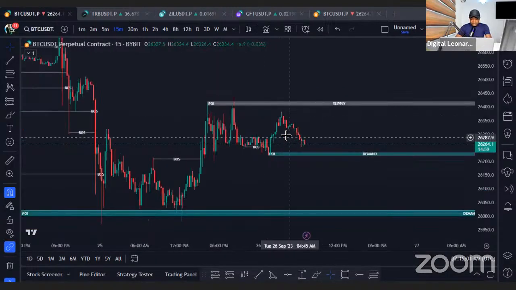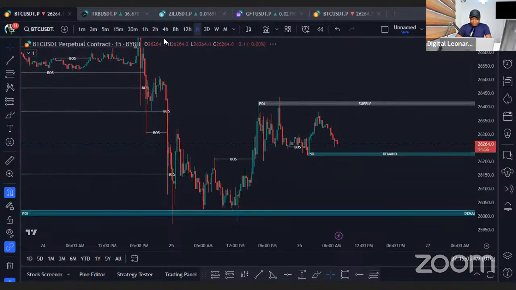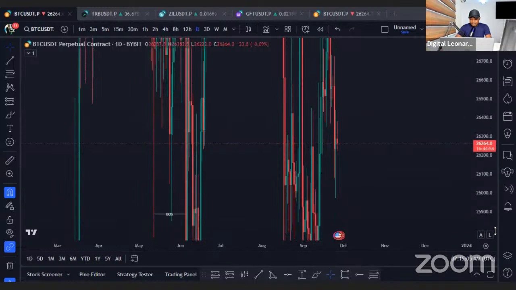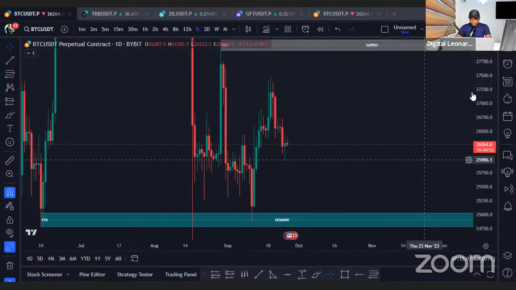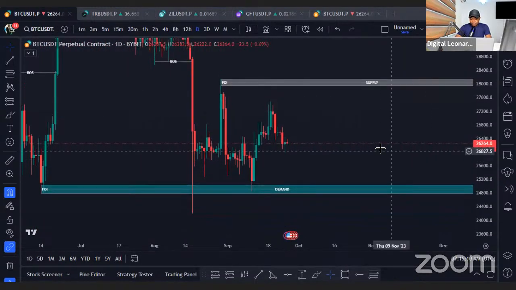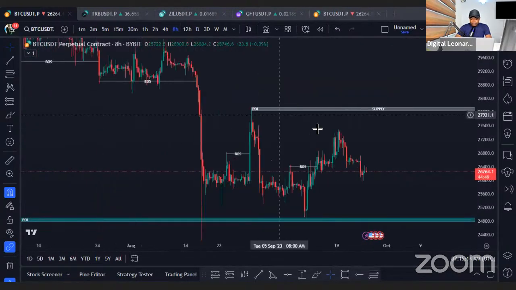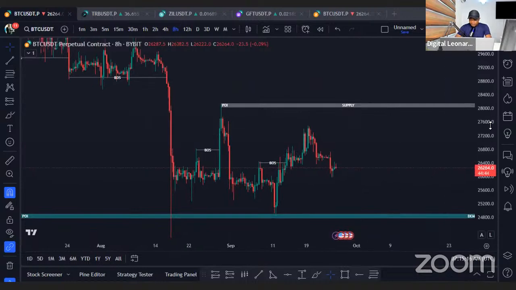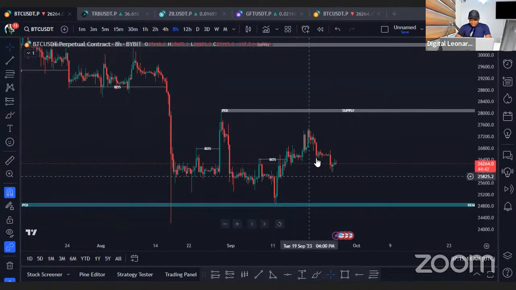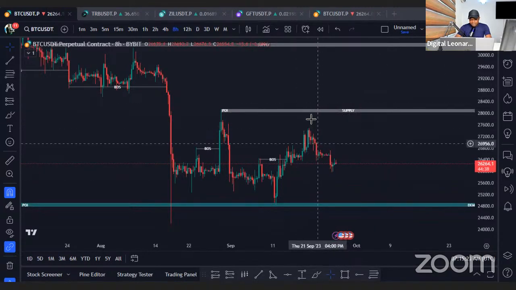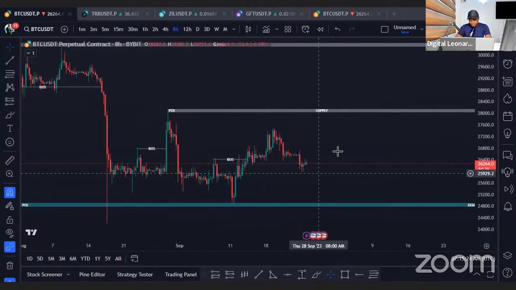So BTC, USDT, let's look at what I have here, guys. I was actually hoping that this BTC would go up to that level of 28K, which is the level I've been looking at all this while.